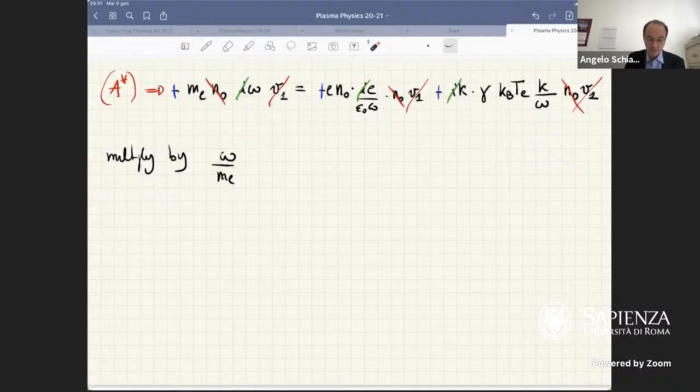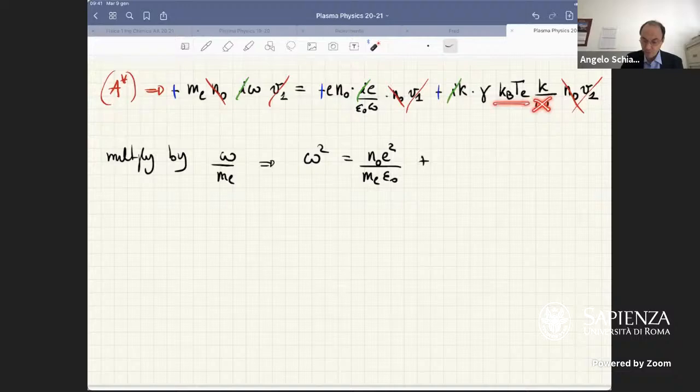And what we get is, let's see, omega squared on the left-hand side, and then we get N0 e squared divided by ME epsilon naught, plus, since we multiply by omega, this term goes away.